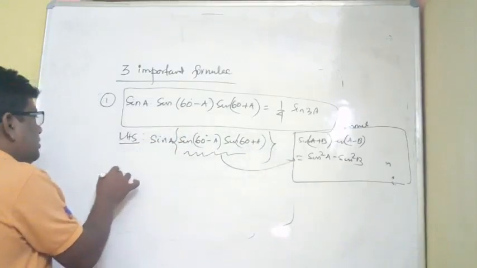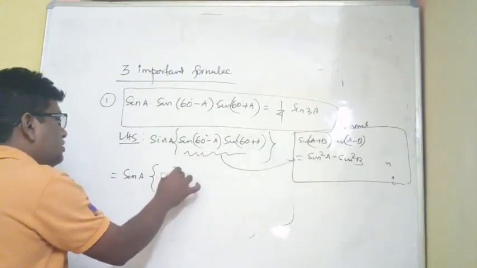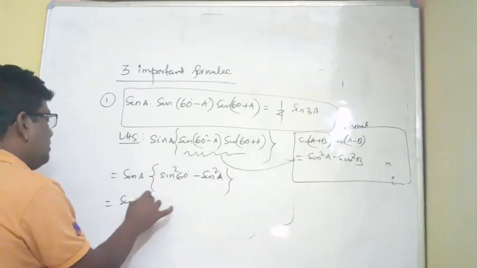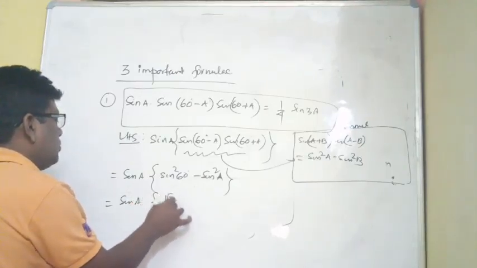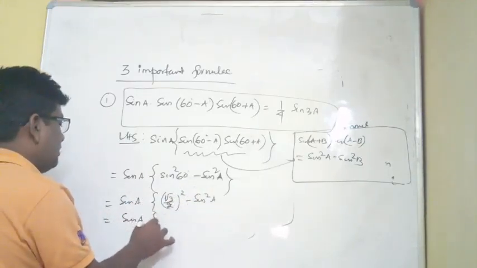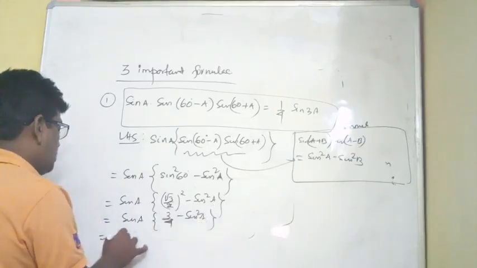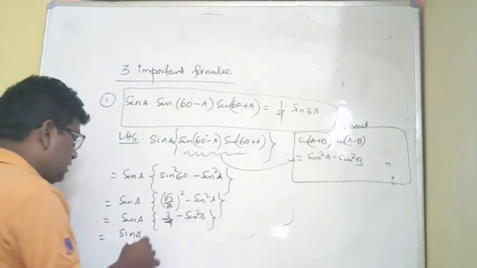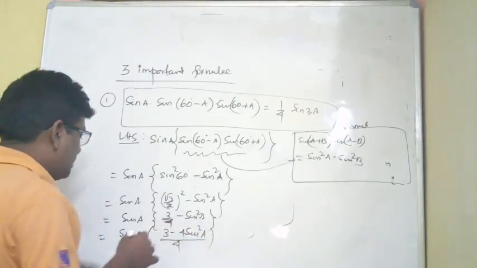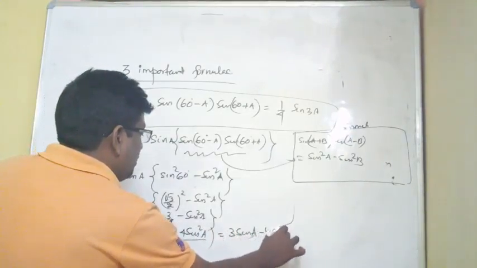Apply this formula. This is equal to sin A into sin square 60 minus sin square A, where A is 60 and B is A. Sin 60 means root 3 by 2, whole square, minus sin square A. This is equal to sin A into 3 by 4 minus sin square A. LCM 4, so 3 minus 4 sin square A, multiplied by sin A. This is equal to 3 sin A minus 4 sin cube A divided by 4.